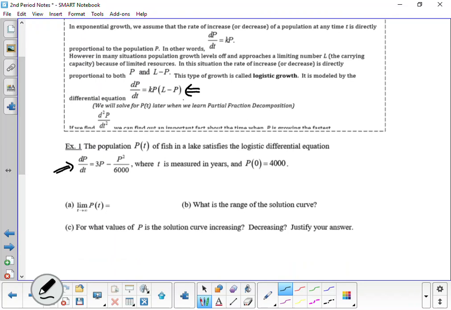So if it's in that form, no big deal. Just pull out the P.